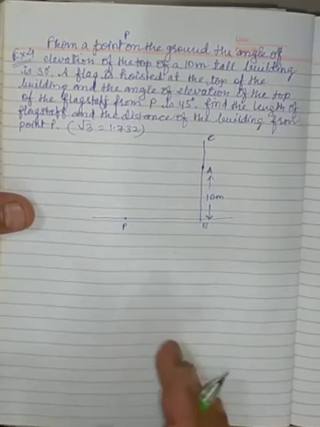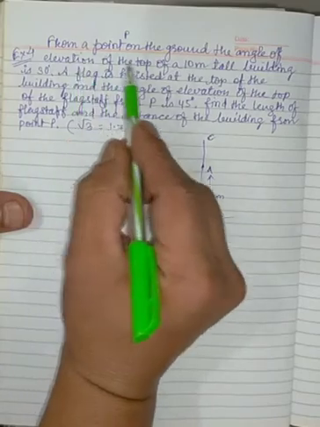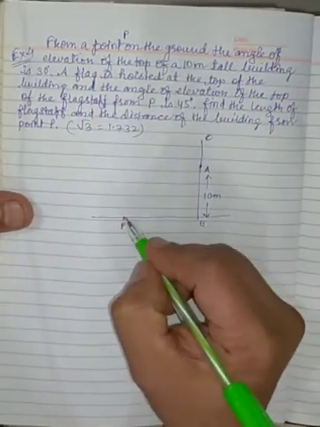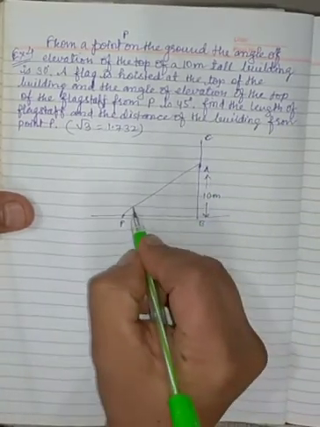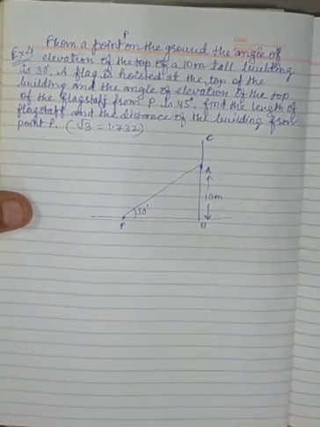Now we are given that from the point P, the angle of elevation of the top of the 10-meter tall building is 30 degrees.